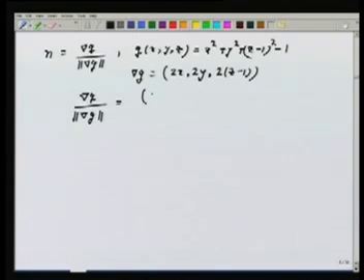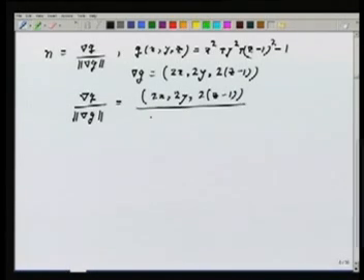That would be 2x, 2y, 2 times z minus 1 divided by the norm of this vector, that is square root of 4x square plus 4y square plus 4 times z minus 1 whole square.